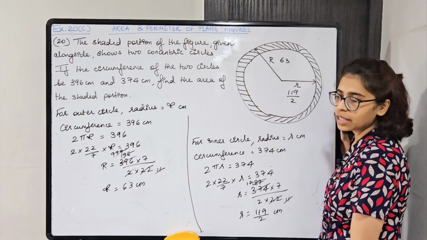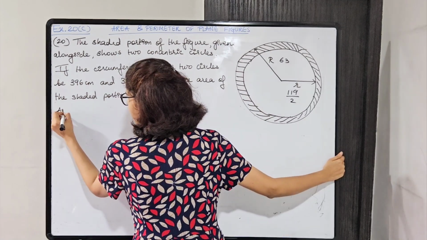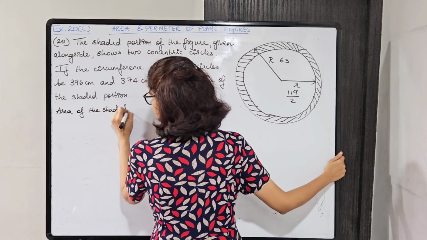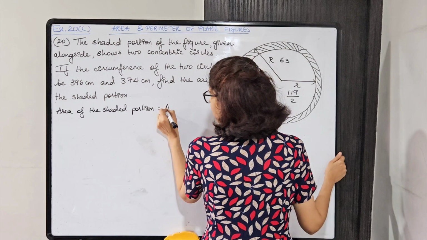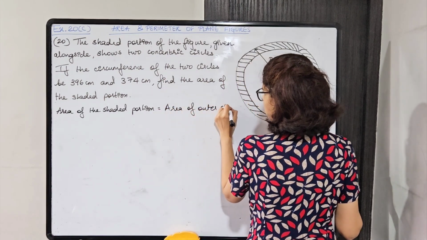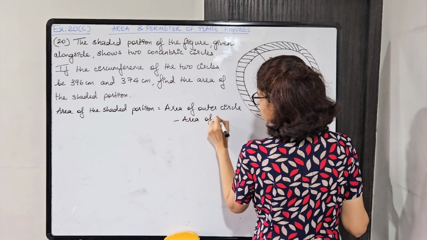Okay. Now we'll find out the area of the shaded portion. Area of the shaded portion will be area of outer circle minus area of inner circle.